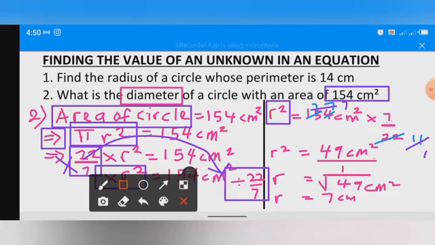As I told you in the first question, when you change division to multiplication, you invert. So divided by 22/7 will become times 7/22. The denominator becomes the numerator and the numerator becomes the denominator.